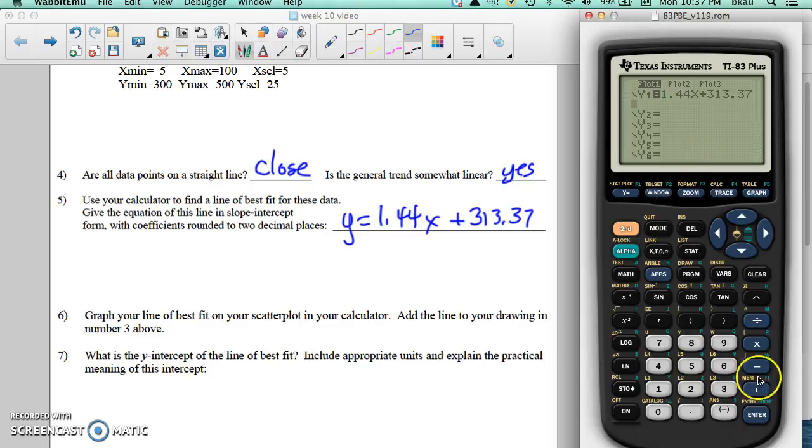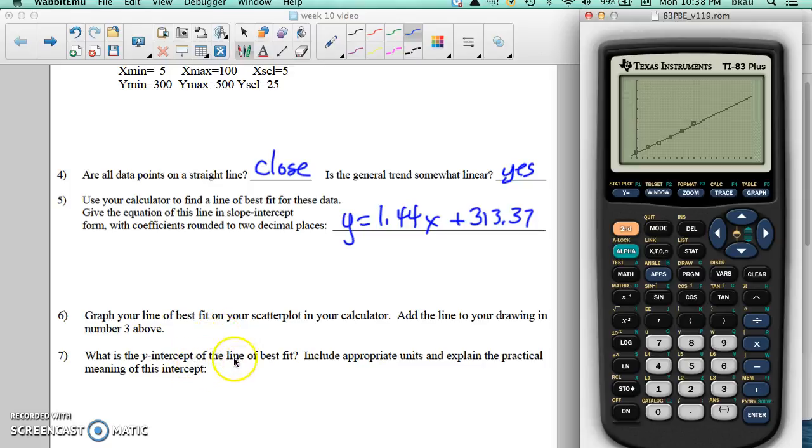That'd be your answer. You push graph. You can see how close it is to the dots. It's a little bit off, but it looks pretty good. So we graphed our line of best fit on the scatter plot, and we added it. We can draw it on our drawing on your worksheet as well.